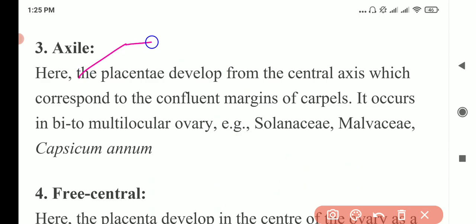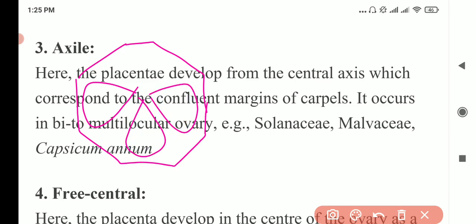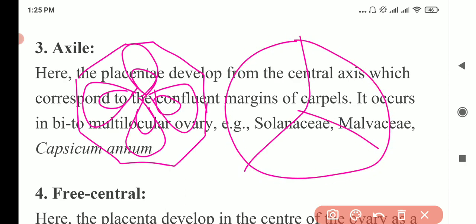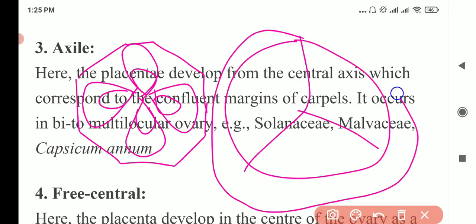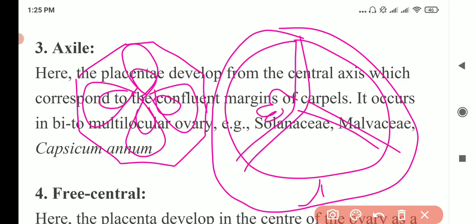Let's just draw a lady's finger like this. Then the ovule is here in the middle. They attach from the central axis. If you cut a capsicum or chili, you will see many ovules in the middle.